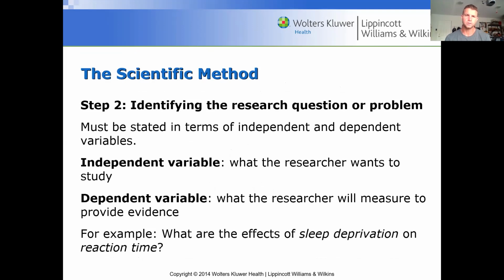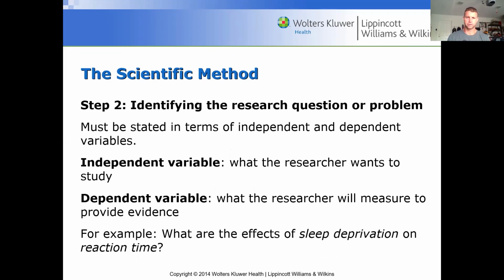Again, with the scientific method, you want to state it in terms of the independent variable. If you don't know what the independent variable is, it's what the research wants to study. So if I was doing a study on a supplement and how it affects somebody, the supplement is going to be the independent variable.